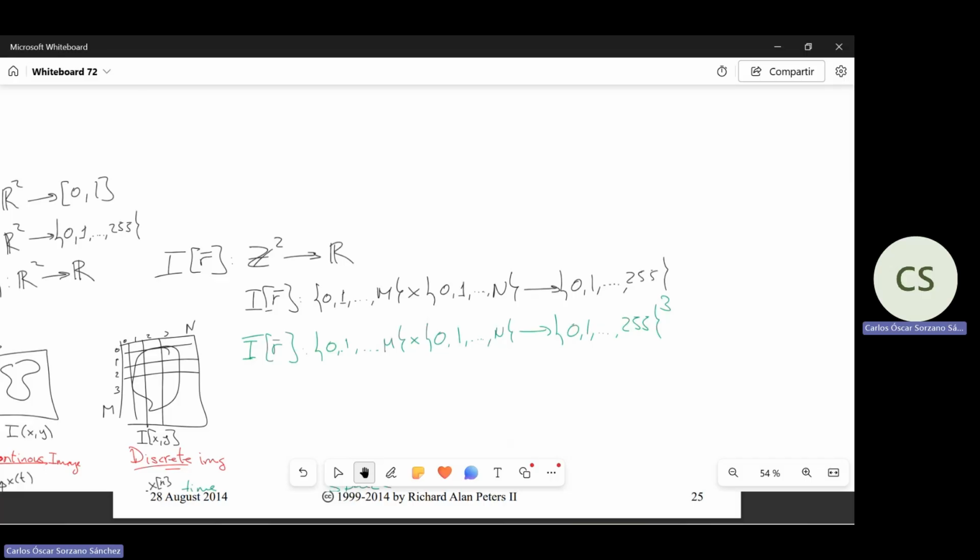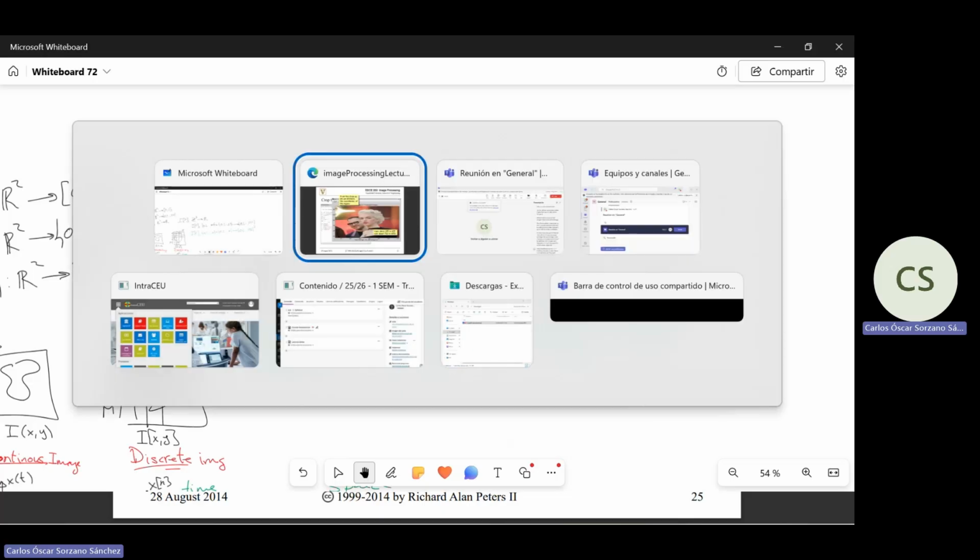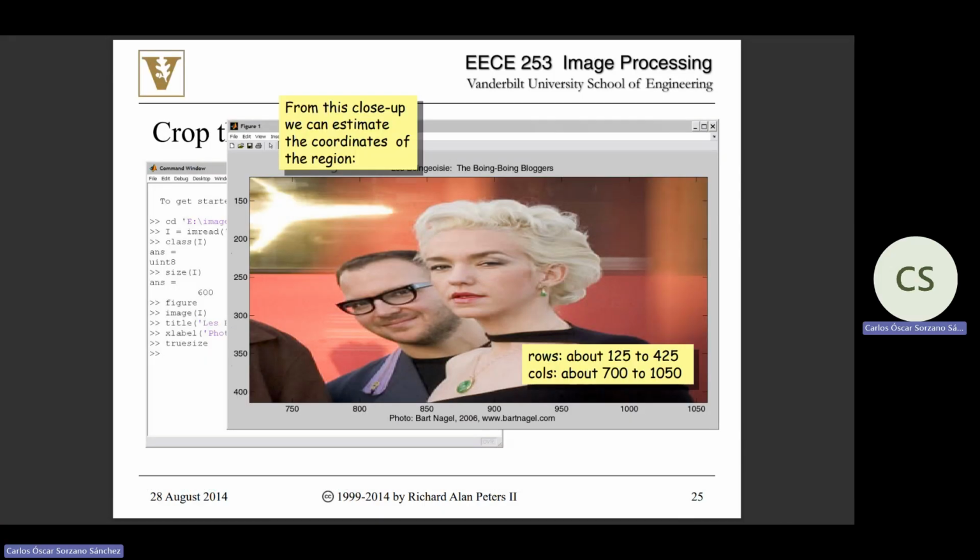But it is also an image. We say an image is just a function, and a function doesn't need to start from 0. It takes some row argument and some column argument, and the rows and columns may start at 0, that is the normal thing, but they may go for something else. Here they are going for something else.